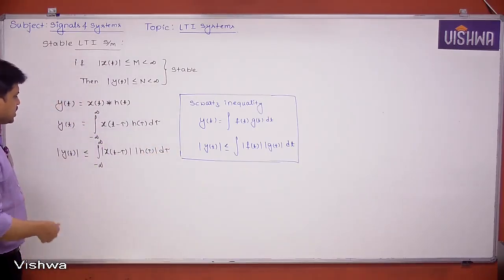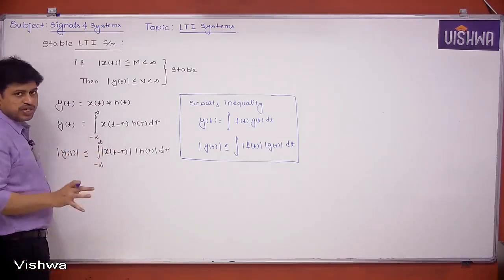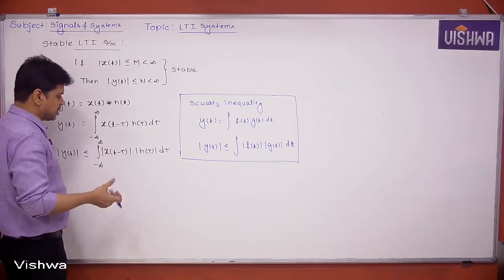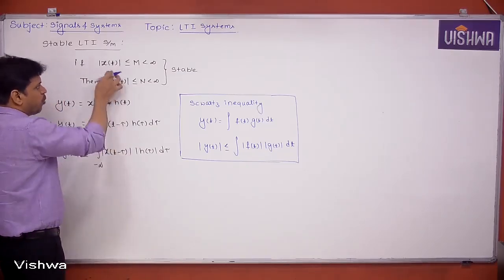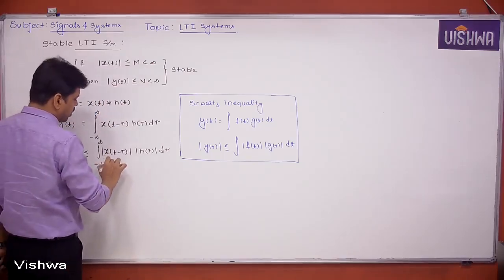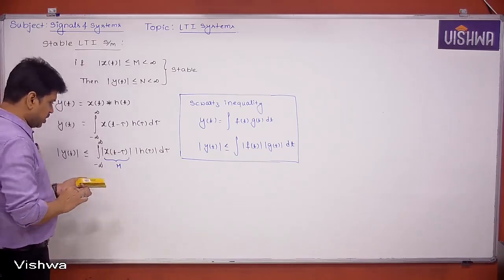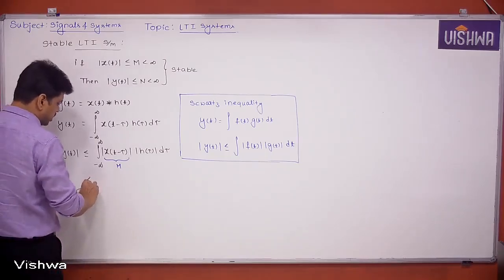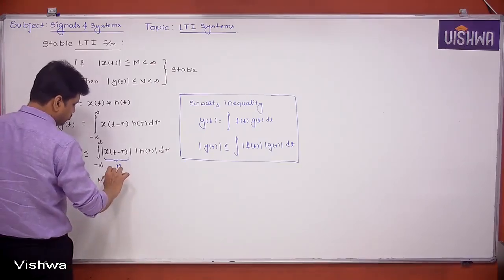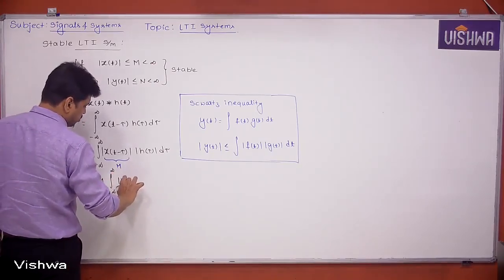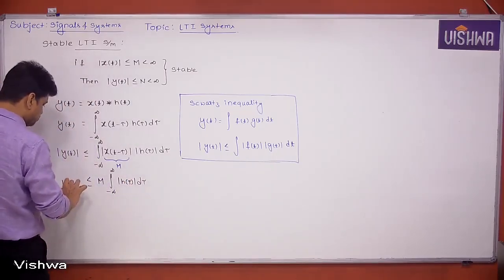And let's take the maximum value for x. That means we are checking whether this value will go to infinity or not. So if I go for the extreme limits, that means if I consider x of t minus tau whose value is equal to maximum, let's say this maximum value is m. Then this is again less than or equal to m, a constant value, times the integral from minus infinity to infinity of mod h of tau d tau. So this is what mod y of t is.